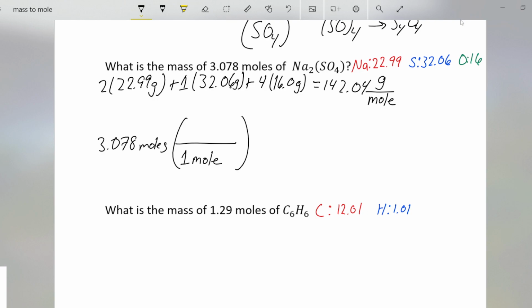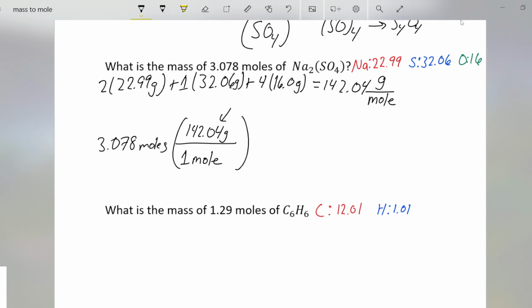And the thing that goes up above to get us to Mass Island is the molar mass, 142.04 grams. So again, this is saying that 142.04 grams is equal to 1 mole.